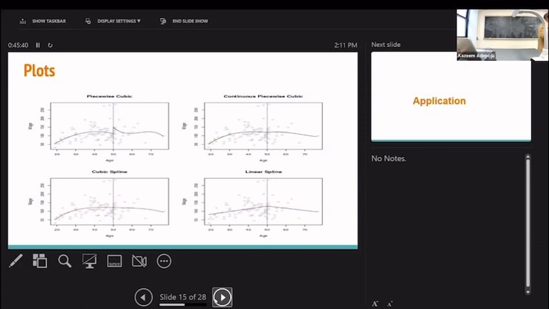The only thing we've done today in application is a linear spline, which means when you plot your data and this is what you are seeing, then you cannot go by way of linear spline. You have to go by way of a cubic spline, a continuous piecewise cubic, or a piecewise cubic.